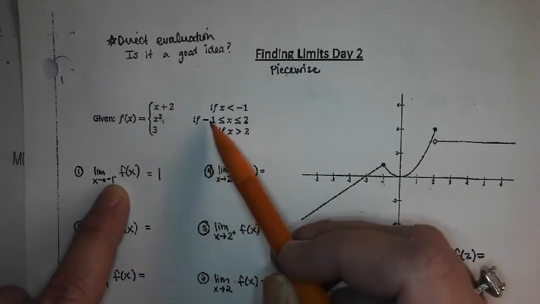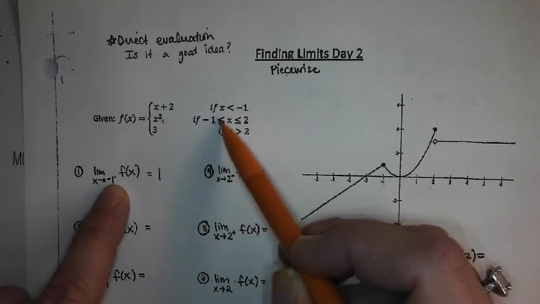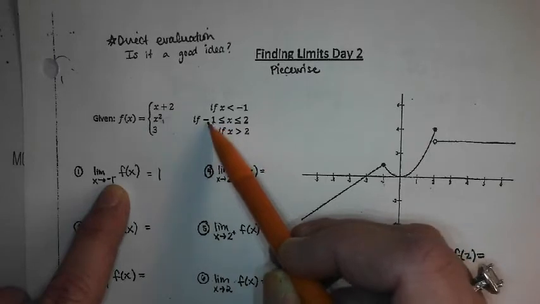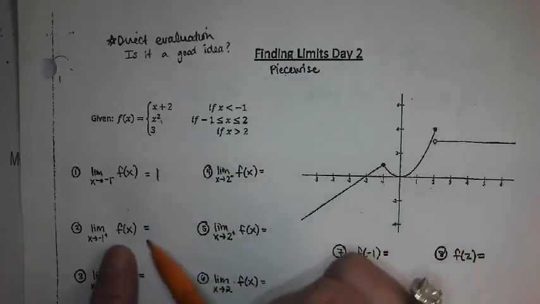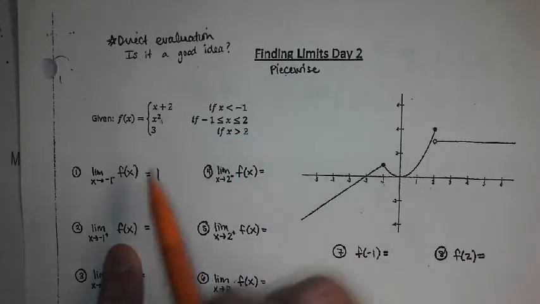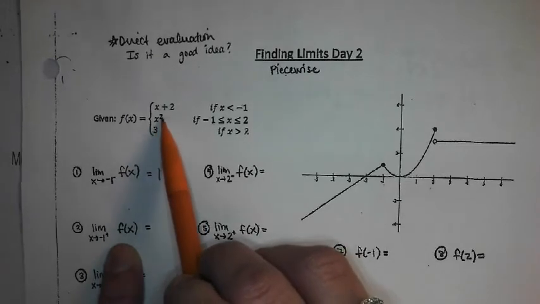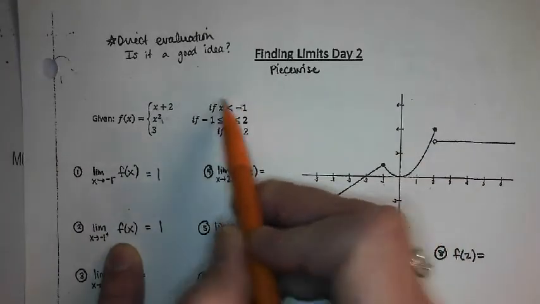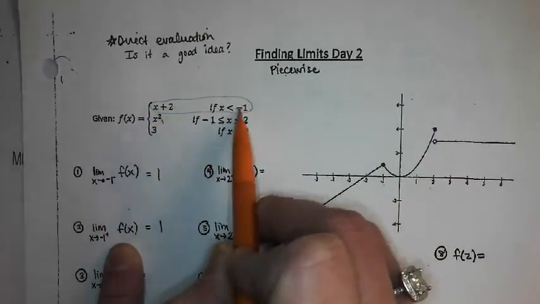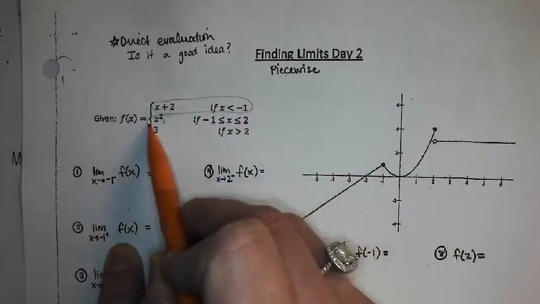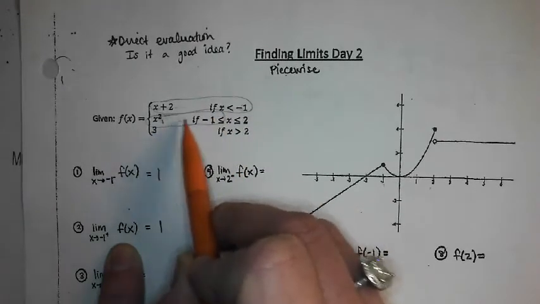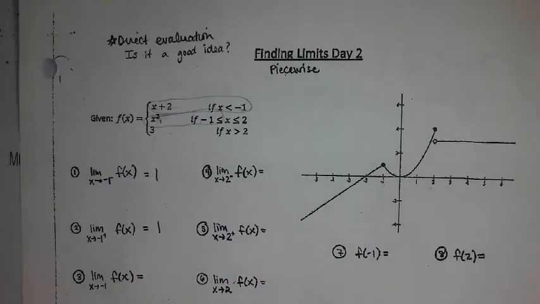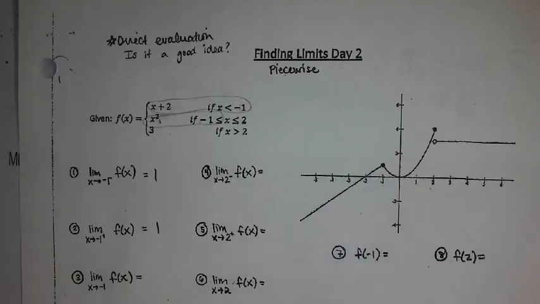The next function picks up at -1 and includes -1. We have the or equal to. So if we're coming from the right, we would plug into this equation, and -1 squared is also 1. So even though on this function the endpoint is open, on this function this initial endpoint is closed, and it coincidentally happens to be at the same spot, which really just plugs it up and makes the limit exist.